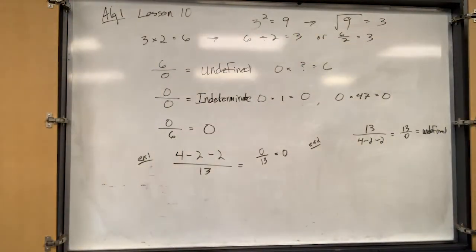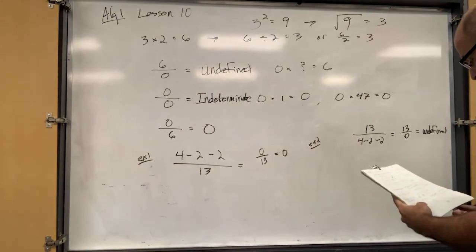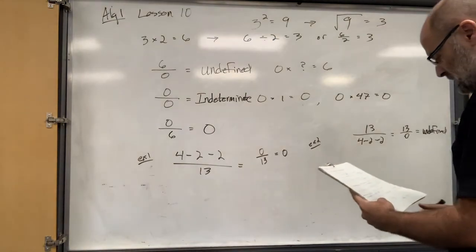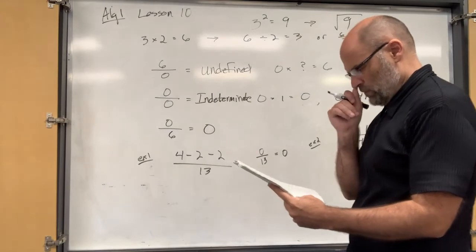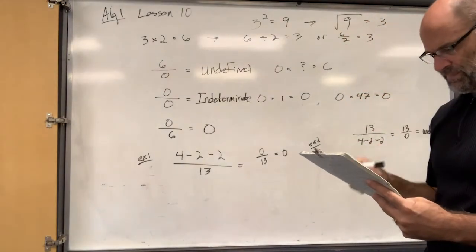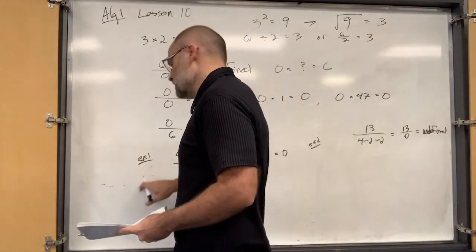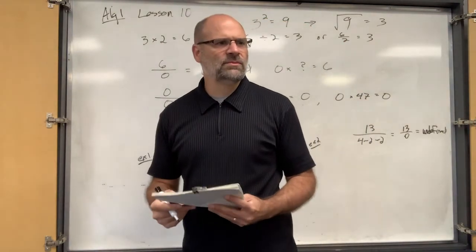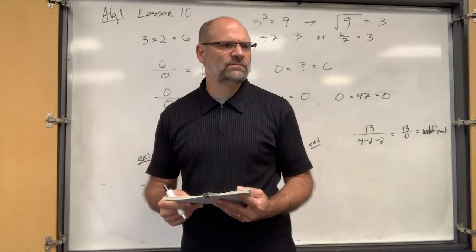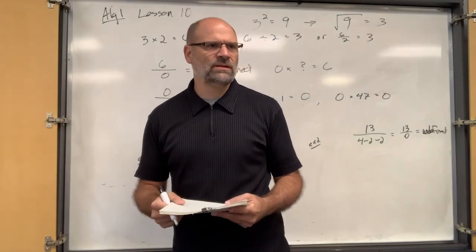All right, so the last part of this, actually let's do a few more. We talked about the commutative property. Did we talk about the commutative property of addition and multiplication and stuff like that?